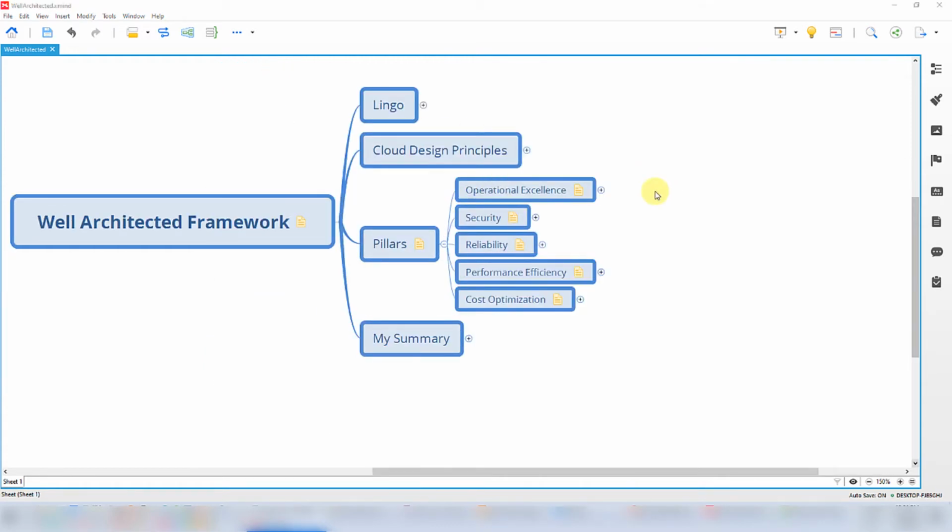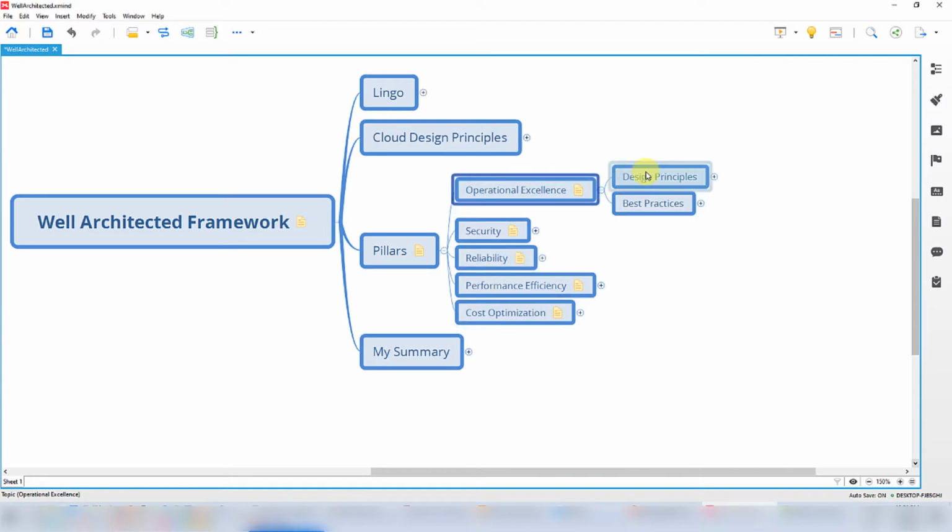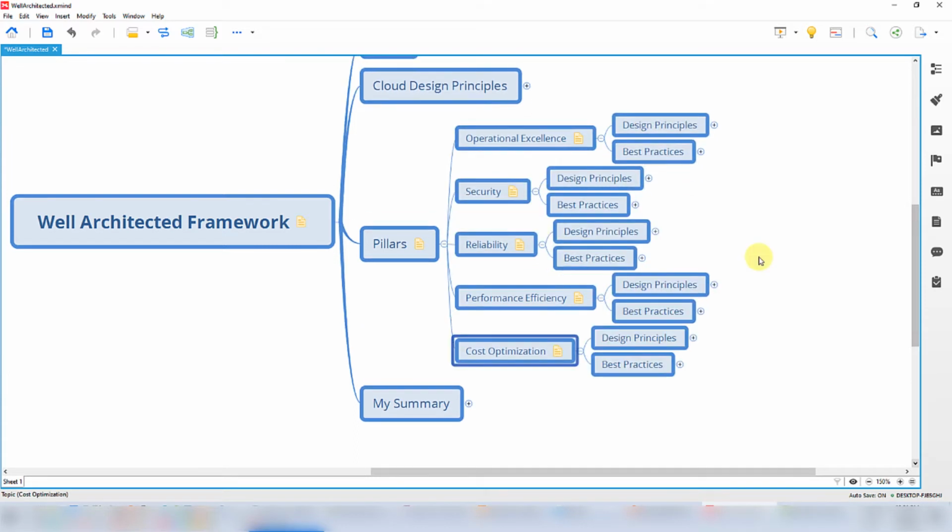Let me quickly outline the structure of each of these sections. Each section has 2 parts: design principles and best practices. Interestingly, in the main part of the paper, the design principles included design guidelines and practices, but in the pillar sections, the practices are separated from design principles.